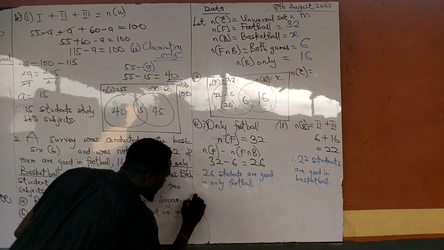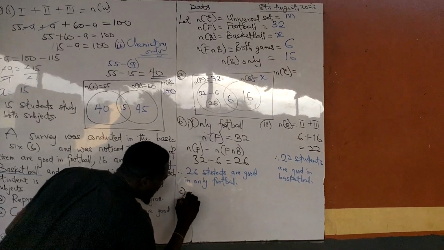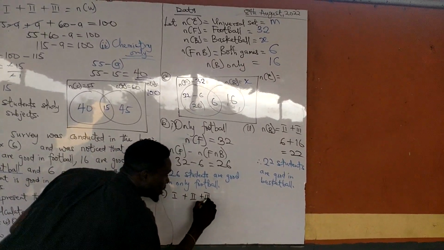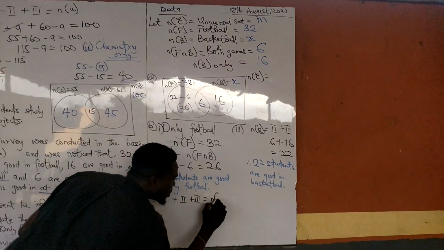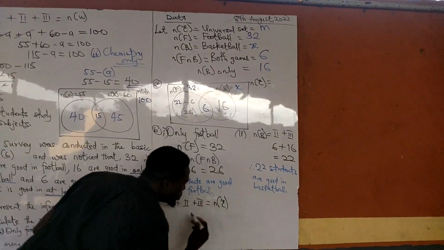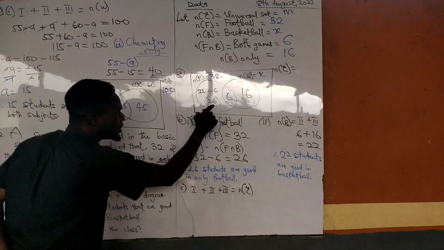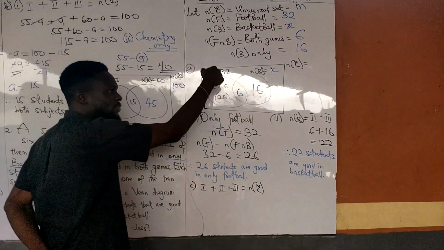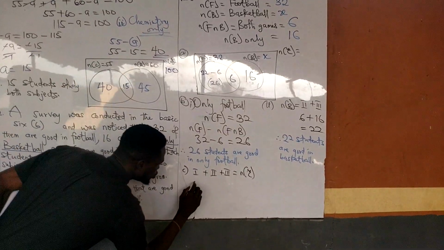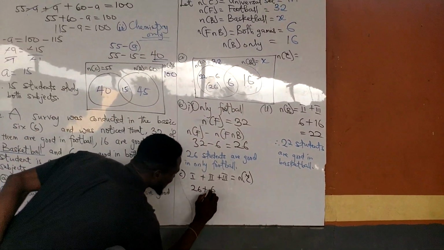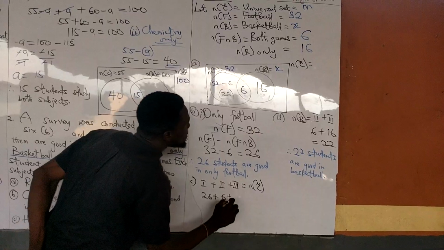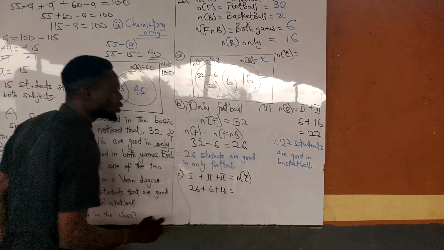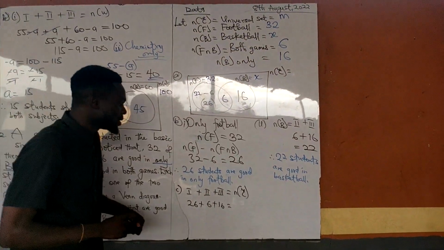So I have the number C as region I plus II plus III is equal to the number of what? Universal set. And what do we have at region I? It is 26, because this is football only.